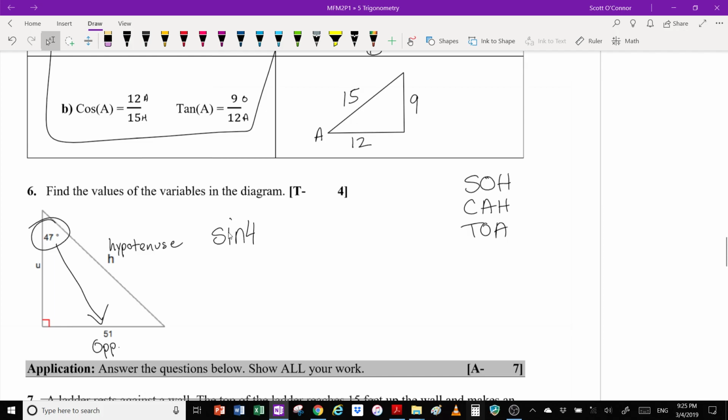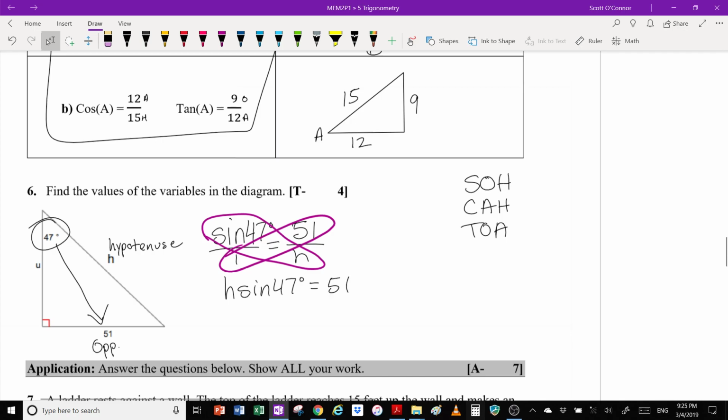So sin 47 degrees over 1 is equal to opposite over hypotenuse, which gives us 51 over h. We cross multiply, and we get h sin 47 is equal to 51.